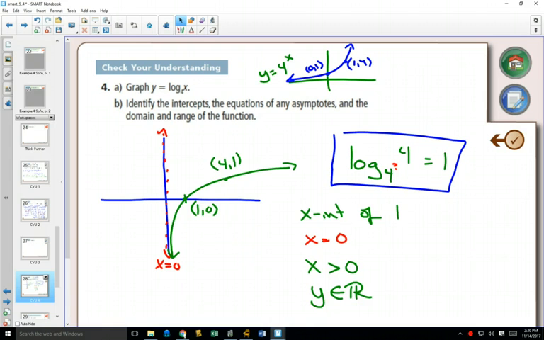So log base 4 of 4 is equal to 1. What's another point I could put on here? (16, 2), because log base 4 of 16 is 2.